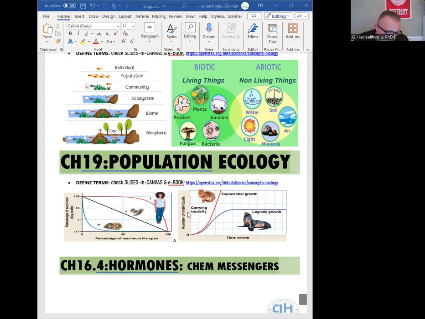What is causing biodiversity decline? Habitat destruction, invasive species, pollution, and overexploitation. These are some factors that affect biodiversity in general. So this is chapter 19, population ecology.